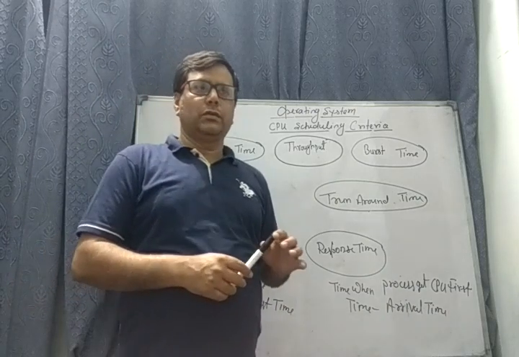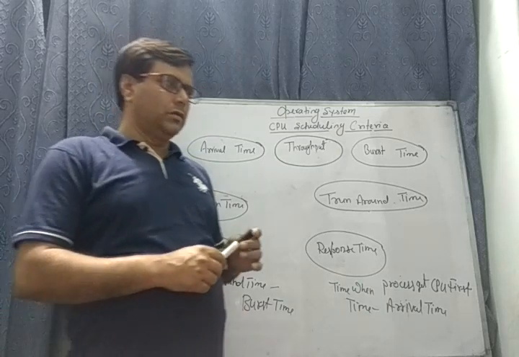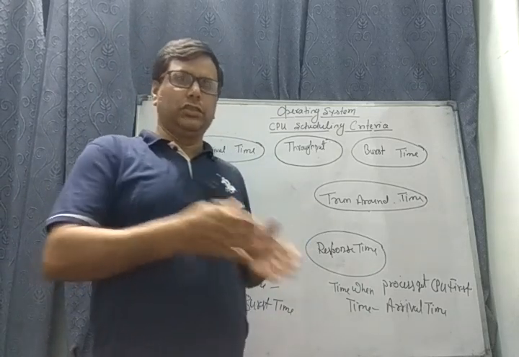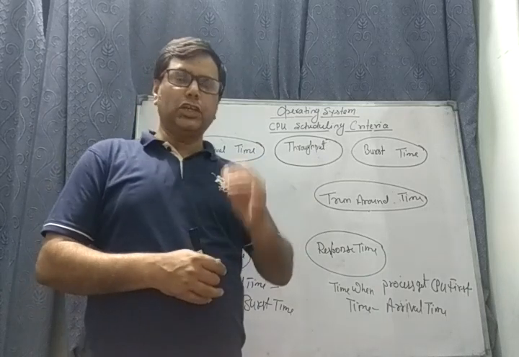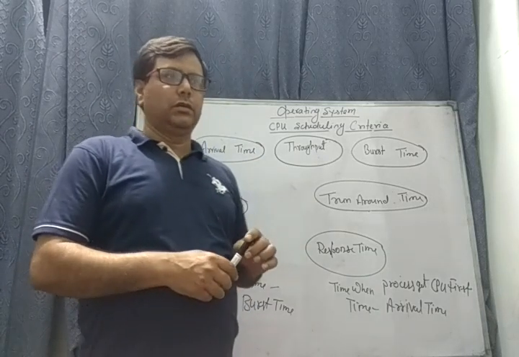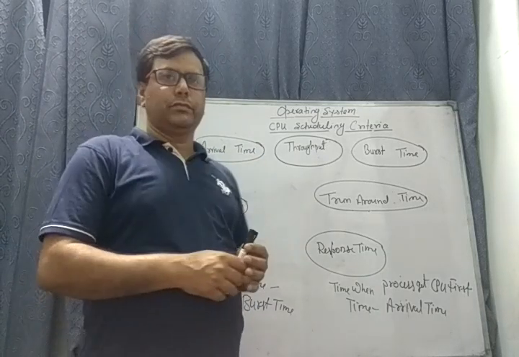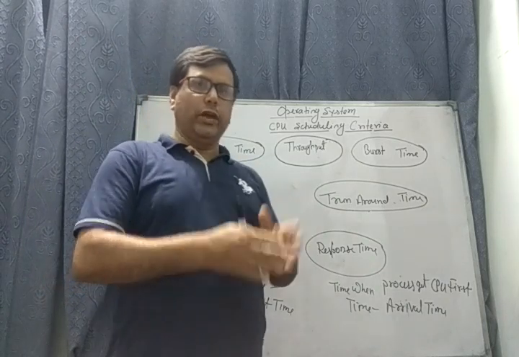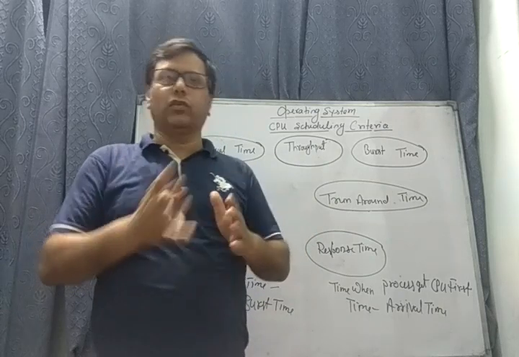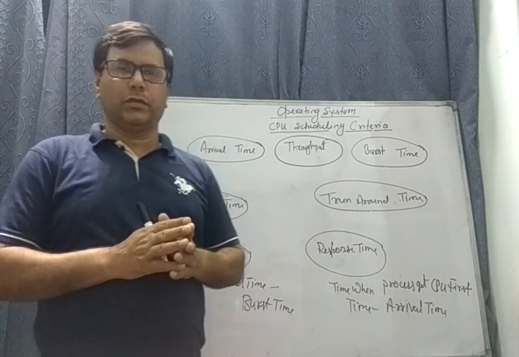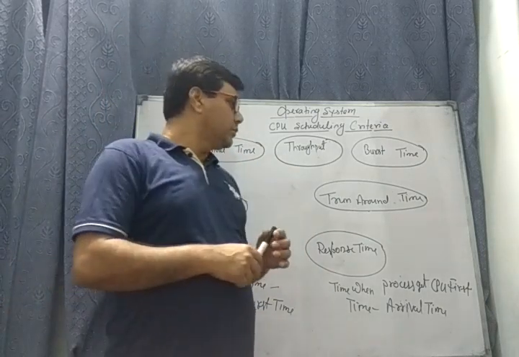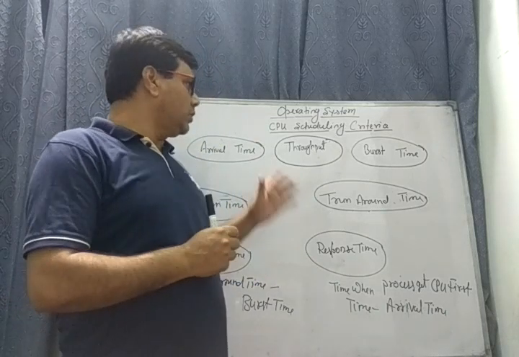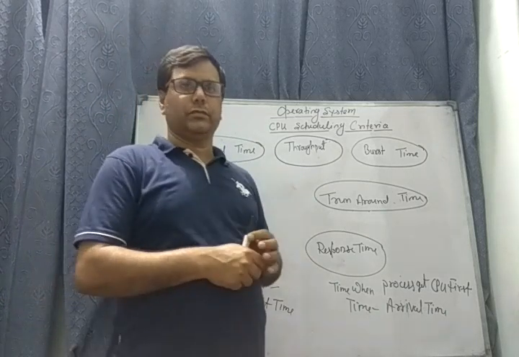And for executing the processes in these algorithms, we need to understand some criteria and times which are used to evaluate the performance of that algorithm. So today we are going to understand what the different criteria are.